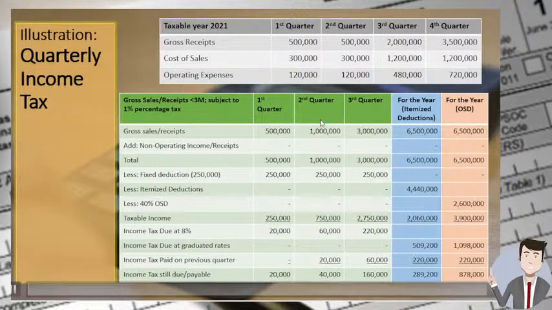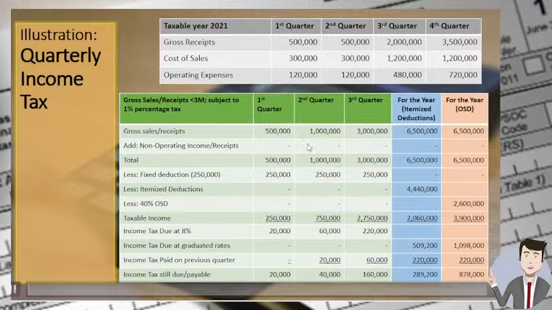Then, add non-operating. In our example, wala. There's none. Of course, your total income will be 1 million. Since the taxpayer selected the 8% option, it is not yet applicable. Hindi pa na siya pagamiton because ma-double deduction ta na.